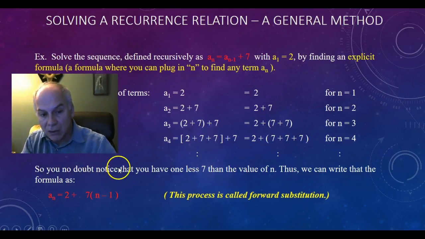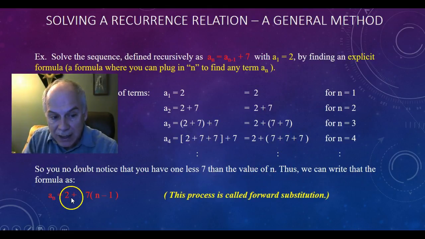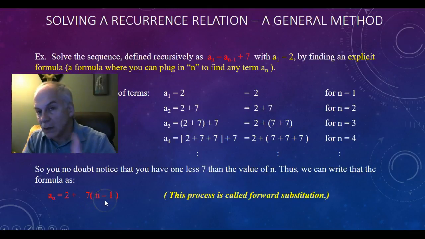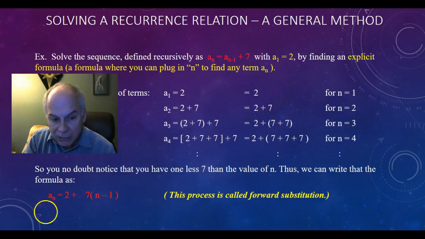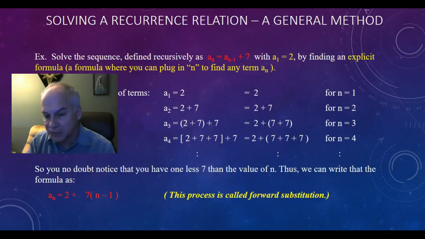So you no doubt notice that you have one less 7 than the value of n. Thus, we can write it as the number 2, because that's in everything, just plain old 2, plus 7 times 1 less than n, n minus 1. So that gives you a formula for that. Now, you could distribute the 7 and combine the negative 7 with the 2, and so you get 7n minus 5.